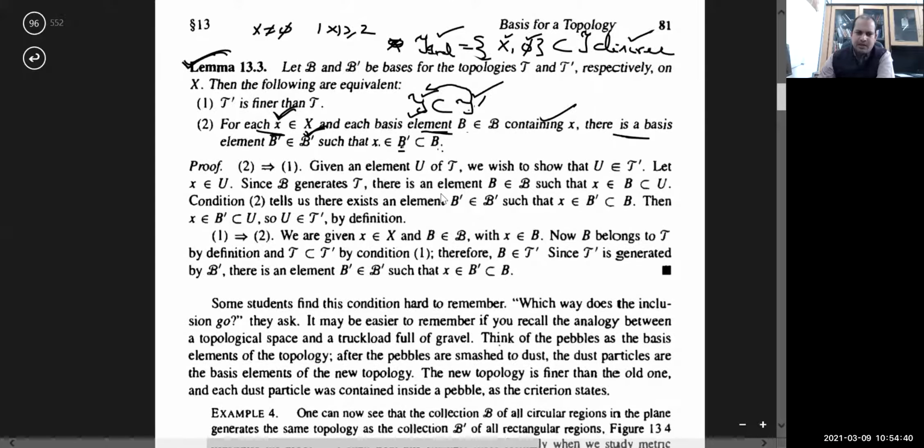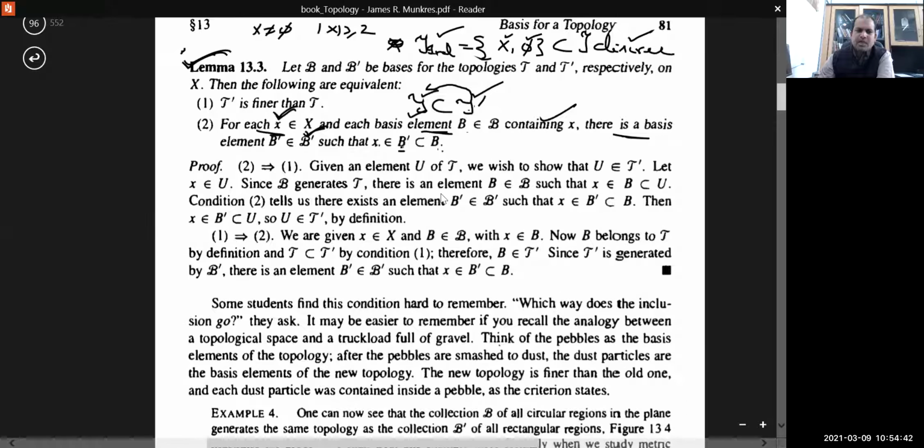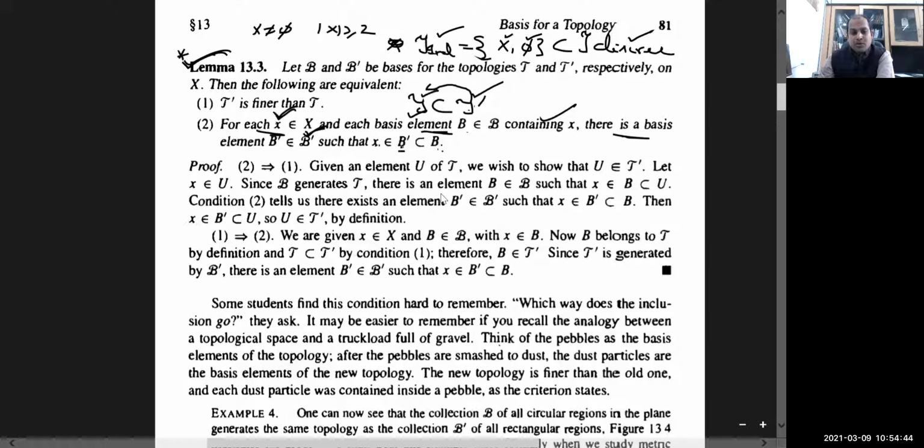This lemma is very important. Why? Suppose script B and script B dash are bases for topologies T and T dash respectively on X. Then the following are equivalent.